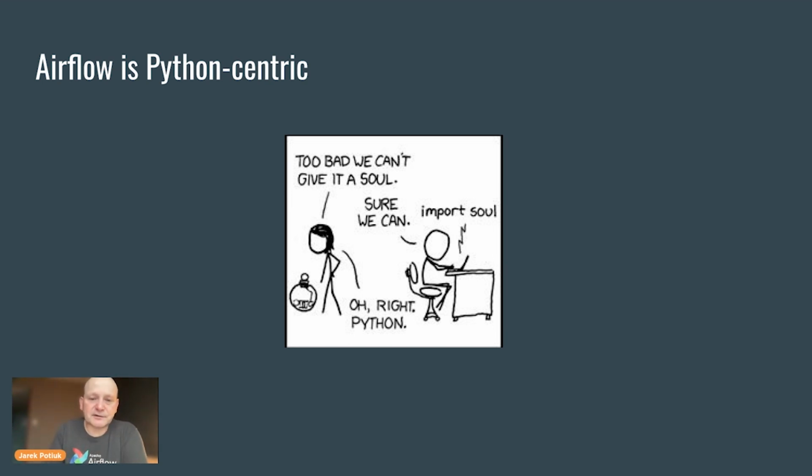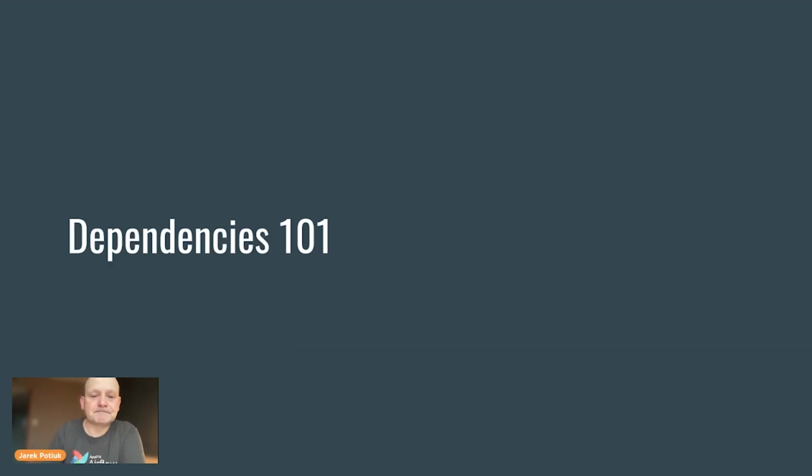So Python is very, very much in the center of everything we do. Whenever you want to orchestrate something, you have to write Python code to describe that. And this Python code generates the dependencies between the tasks. So that's all about Airflow. I will not talk too much about Airflow as an application, just a little bit.